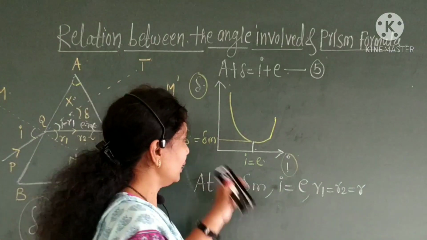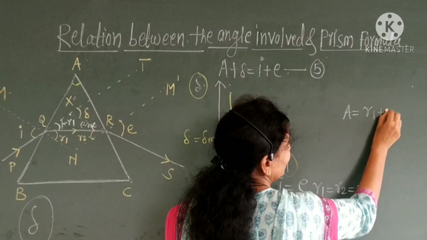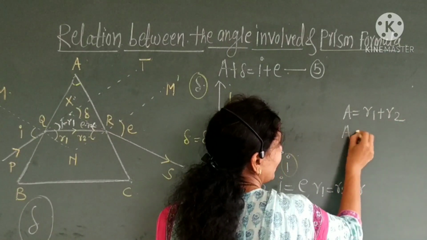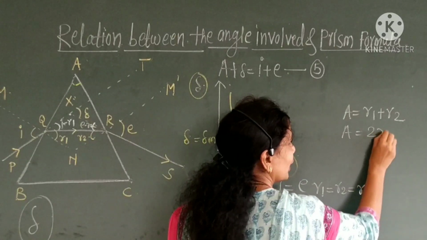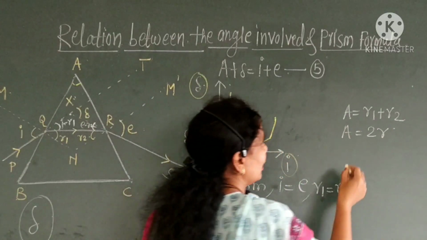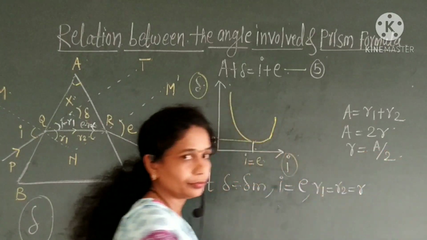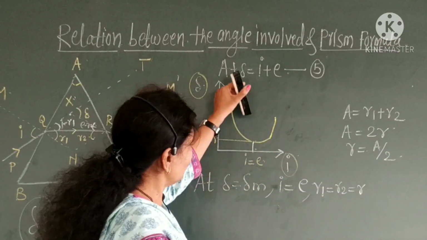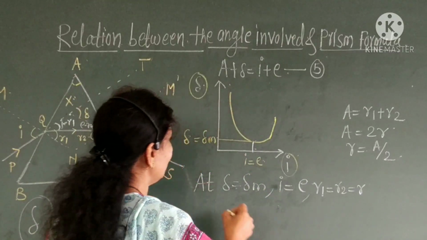Okay, and here first we obtain the equation A is equal to R1 plus R2. Therefore, A is equal to R plus R, so A is equal to twice R. And therefore, what is R? R is equal to A by 2. Okay, now put this substitution in equation 5. Then what we get?